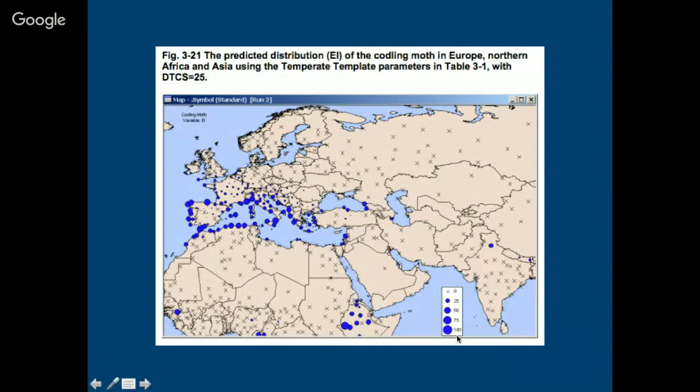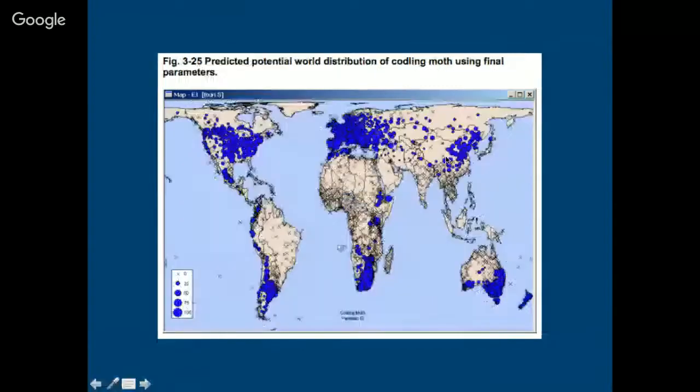Essentially, the blue dots are places that are firmly within the estimated niche, and the X's are places that are firmly outside. And here's a global view for the same species. And so to a niche modeling eye, this is a map of the potential distribution of a species. This is a map of A in the BAM diagram, and obviously a species with this sort of distribution might in reality be endemic to only Europe or only New Zealand, or it might have a near global distribution and be in all of these places that you see in blue.